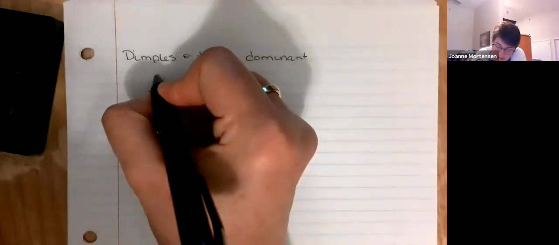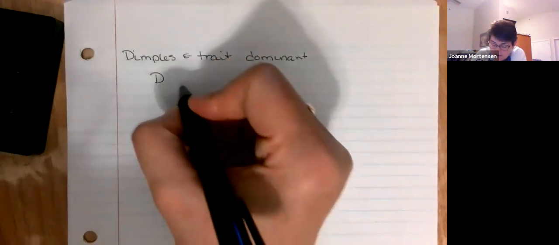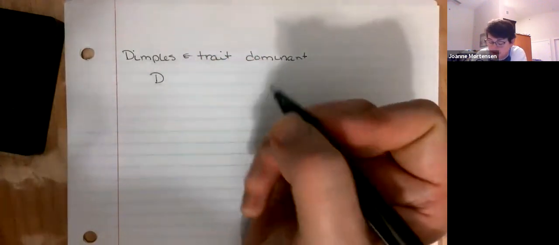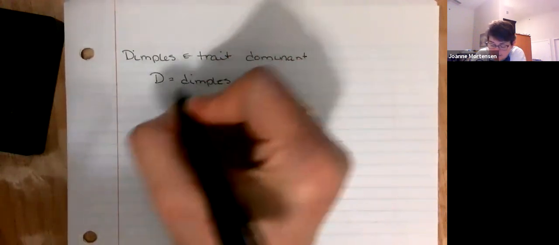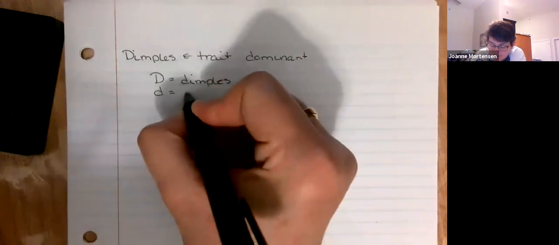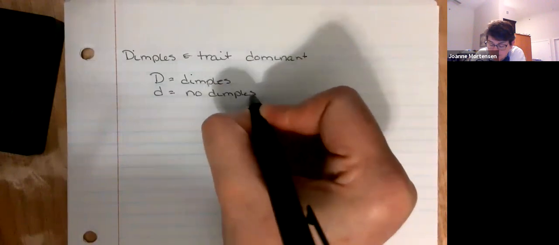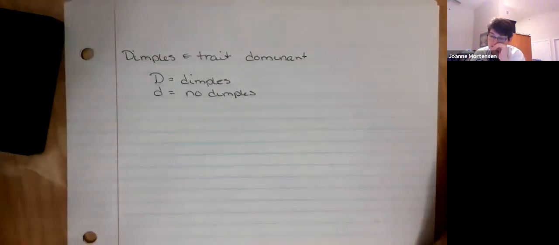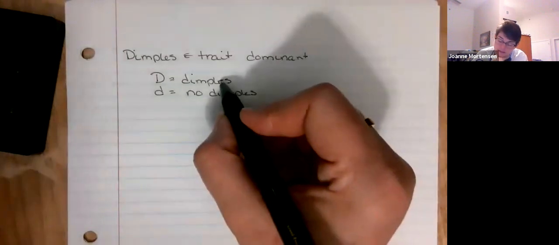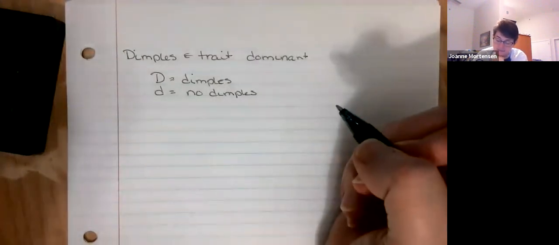So we're going to use the symbols we're going to use to represent that trait. Now, I'm writing a lot less this time. D is for dimples. Little d is no dimples, because this is a dominant and this is a recessive.